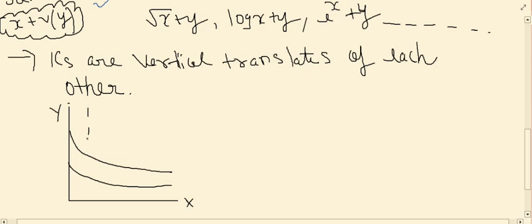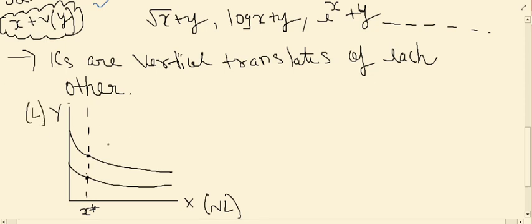Let us suppose that after using the MRS equals px upon py condition, since these are convex ICs, we are using the tangency condition. We have got x star to be this. X is our non-linear good, and y is our linear commodity.